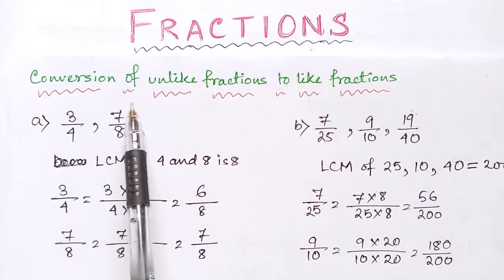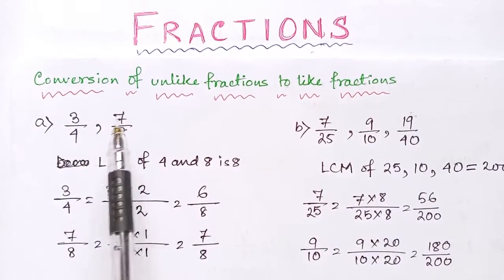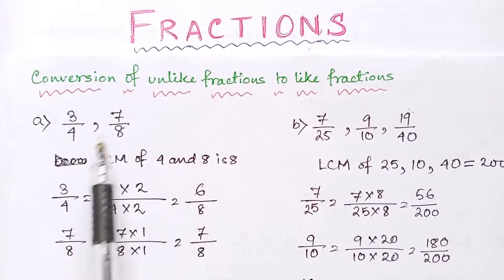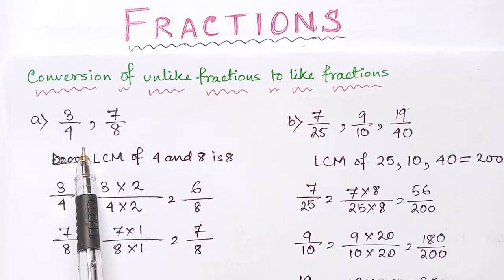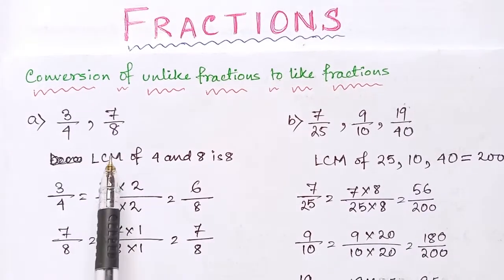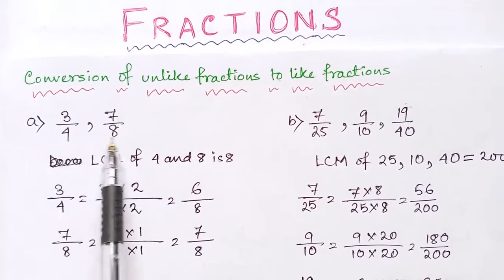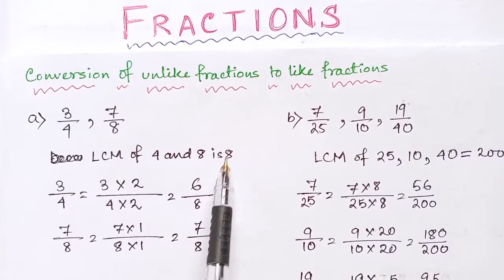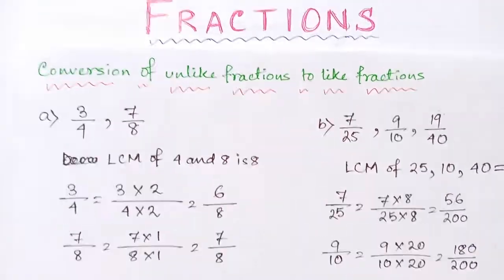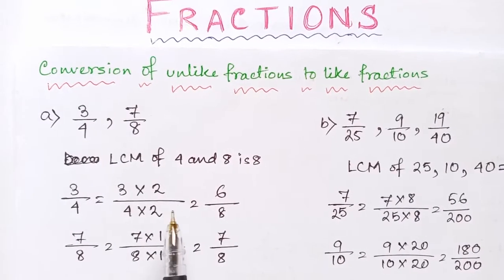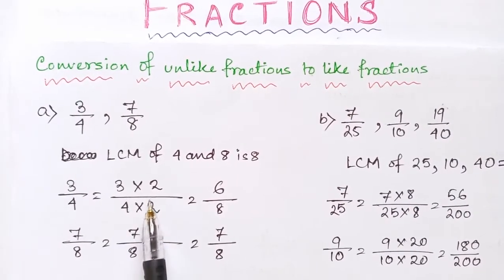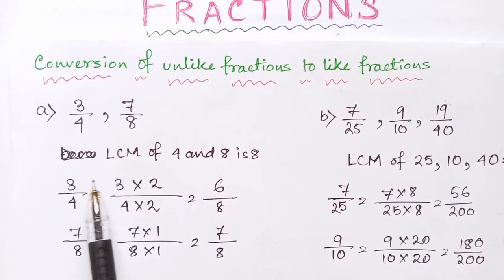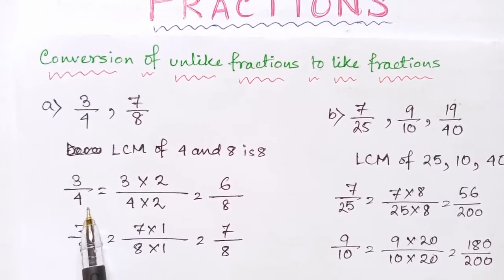Conversion of unlike fraction to like fraction. Example number A, 3 by 4 and 7 by 8. Here you can see the denominators are different. So first of all, we need to find out the LCM of all the denominators, that is 4 and 8. So the LCM of 4 and 8 is 8. Now, to get the same denominator or the like fraction, we will multiply the same number with the numerator as well as the denominator.